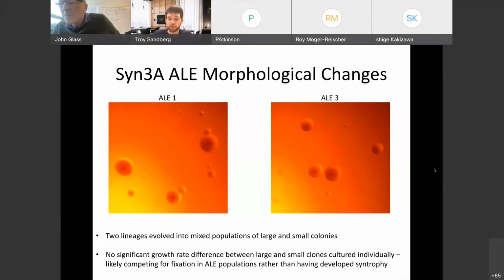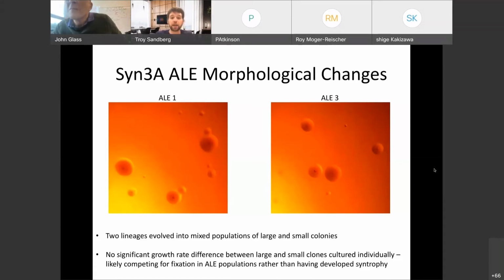This is something that is seen in evolution experiments sometimes if there are different niches that the organisms can be living in, and so they're coexisting by occupying different niches, or if they've evolved some sort of syntrophy where they rely upon the presence of the other to serve some metabolic need that they've purged.